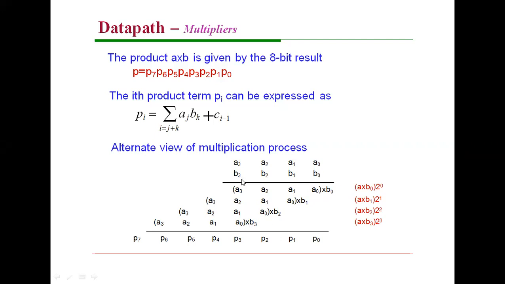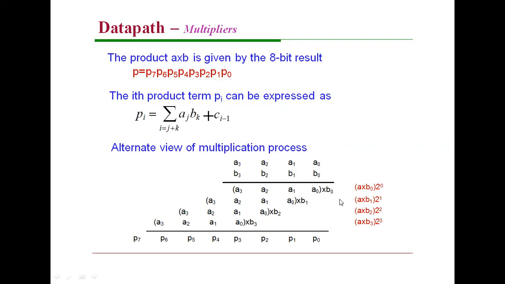Okay, it is one of the alternative views of the multiplication process. I have told you previously how the array multiplier works. If you understand this, b0 is multiplied with a0, a1, a2, a3, at 2 to the power of 0, the starting location.